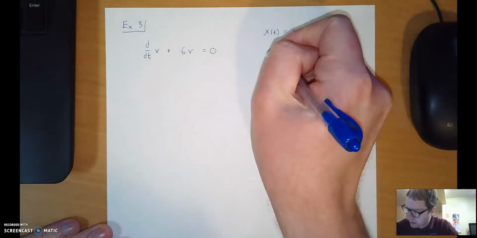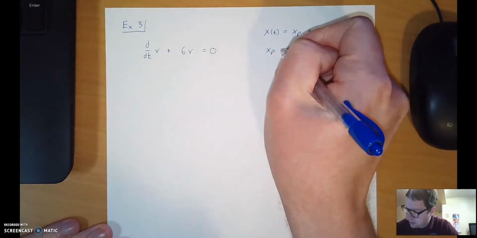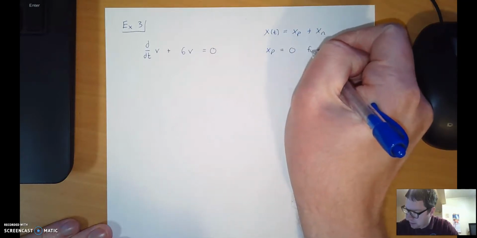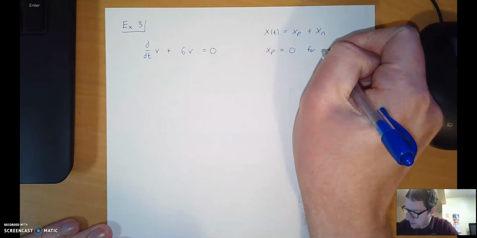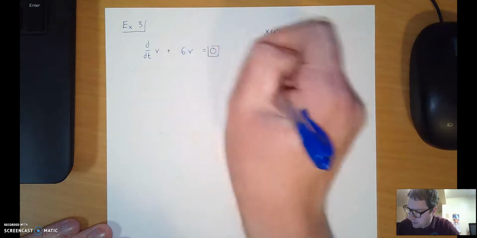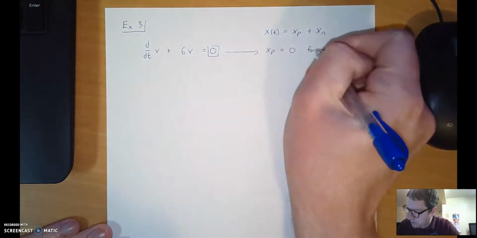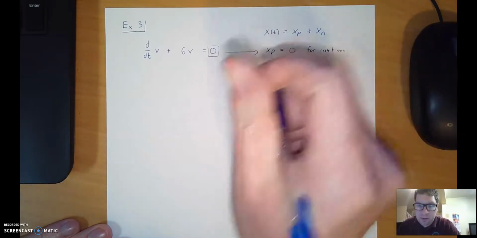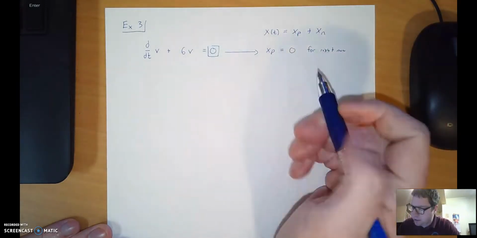That x particular is going to be equal to 0 for right now, because our right-hand side is 0. As long as our right-hand side is 0, x particular is 0.